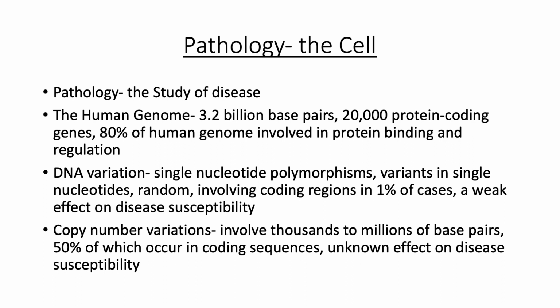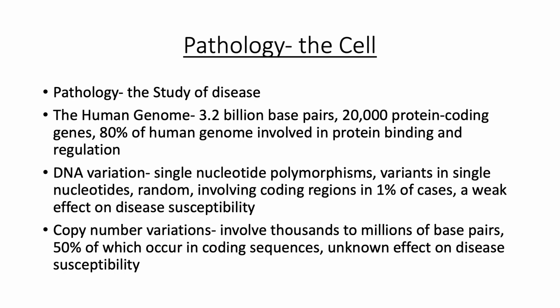The term pathology means the study of disease, and the human genome, based on the Human Genome Project, has 3.2 billion base pairs. There are 20,000 protein coding genes, and about 80% of the human genome is involved in protein binding and regulation. There's additionally DNA variation, whereas single nucleotide polymorphisms have variants in single nucleotides.